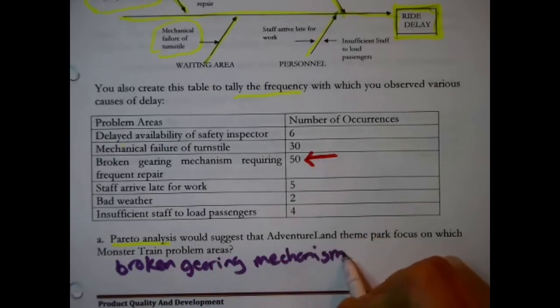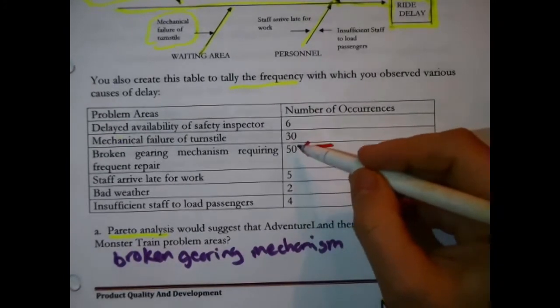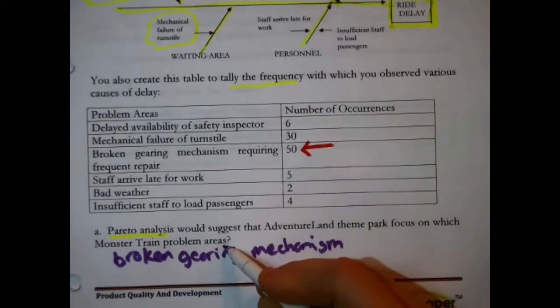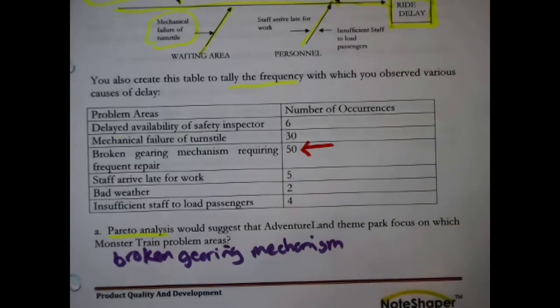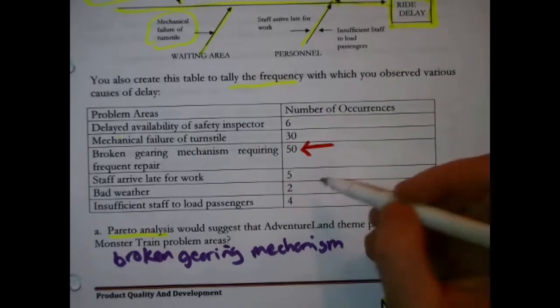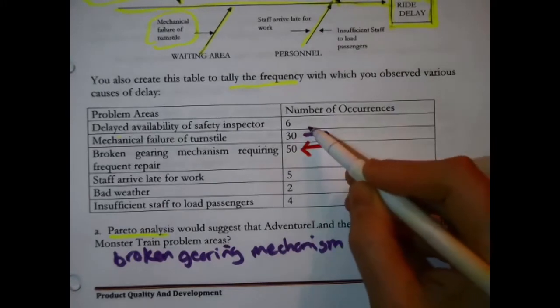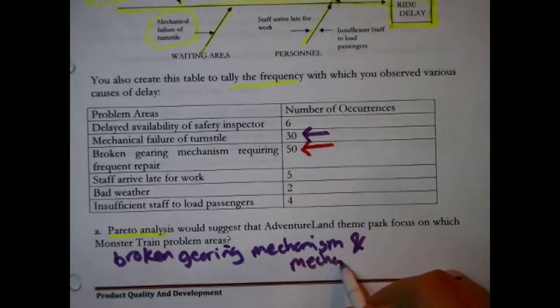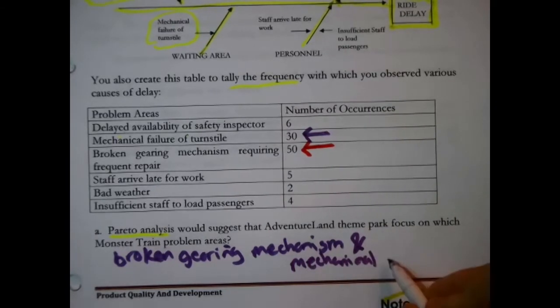Why? Because it is by far the most significant category here. Now, it did say areas, so it's implying make 2 recommendations. Logically, who's the next largest one here? Mechanical failure of turnstile. Yes, if you want 2, then definitely that one as well, because that's almost 1/3 of them.